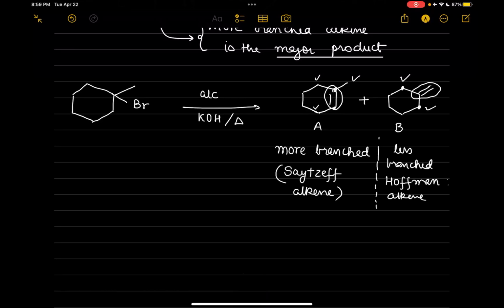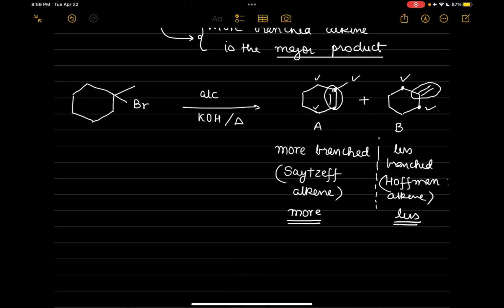Less branched alkene is the Hofmann alkene. And this is going to form in less amount. And this is going to form in more amount. So this is the major product, this is the minor product. Very simple.